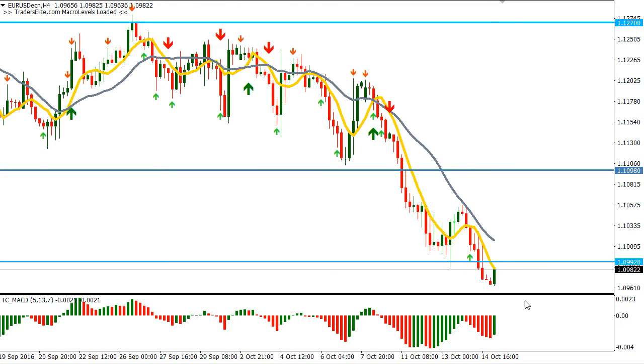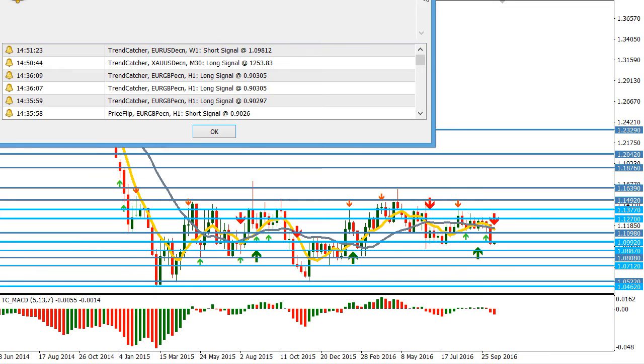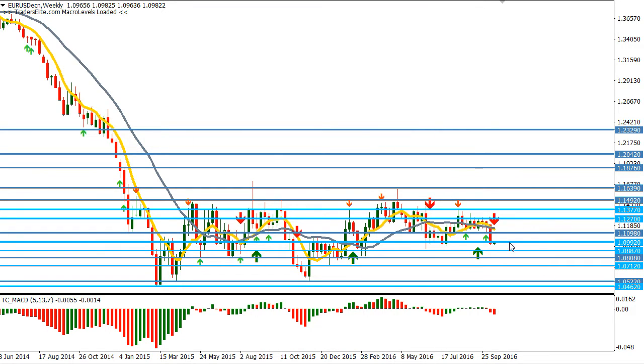Okay, Euro has been moving down overall on the weekly. As with gold, but not quite as pronounced, it's just formed a new downward trend at this 109.92 macro level.